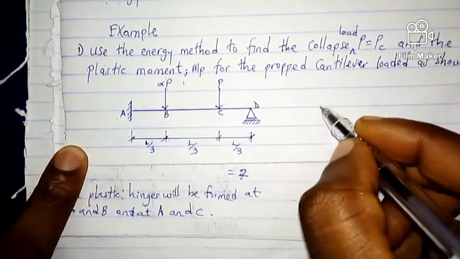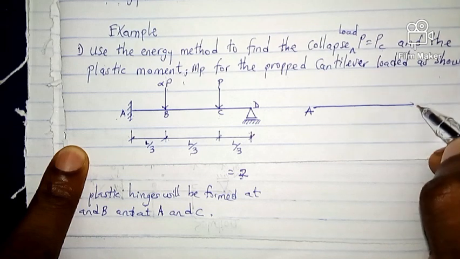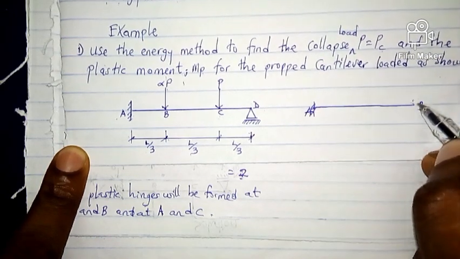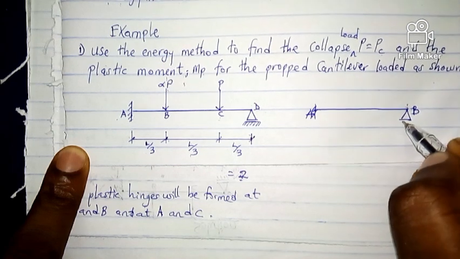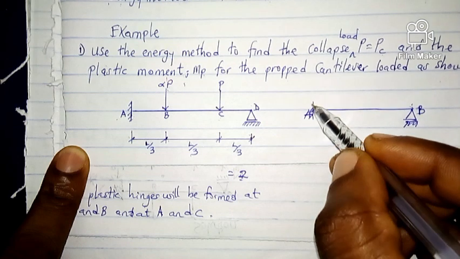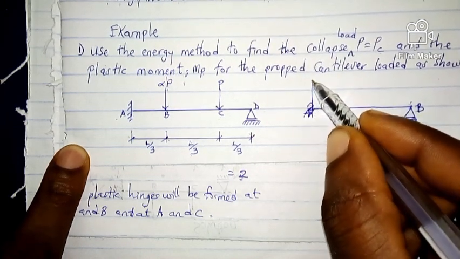At this joint, let me draw it this side. This is A, this is B. This is a fixed support, then this is our roller support. Then remember, if I'm drawing my bending moment diagram it will go like this.